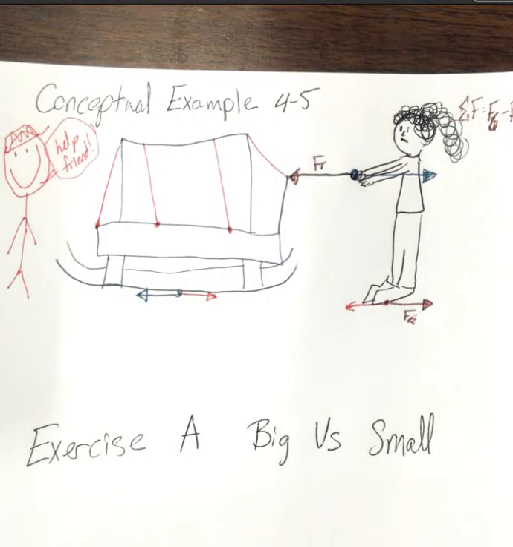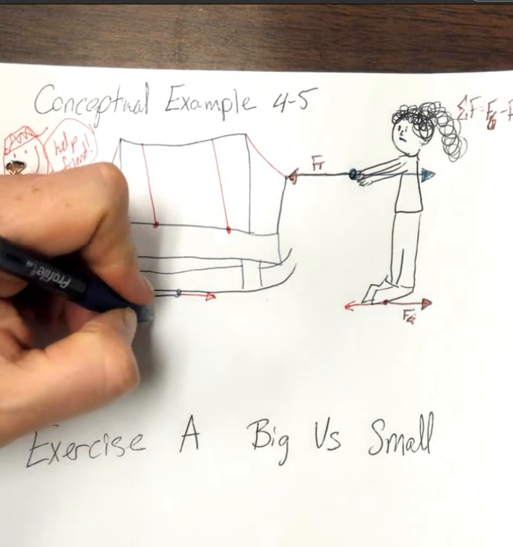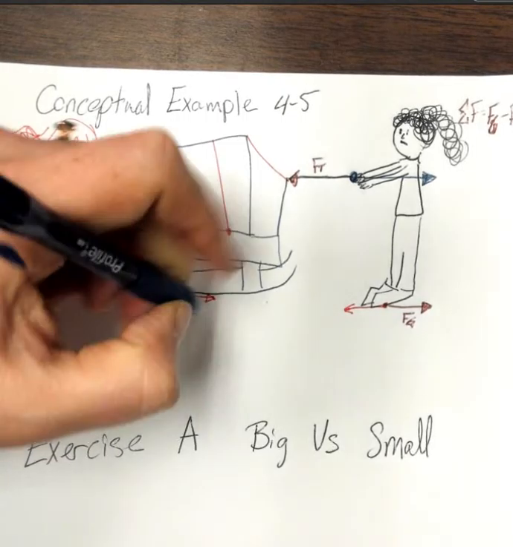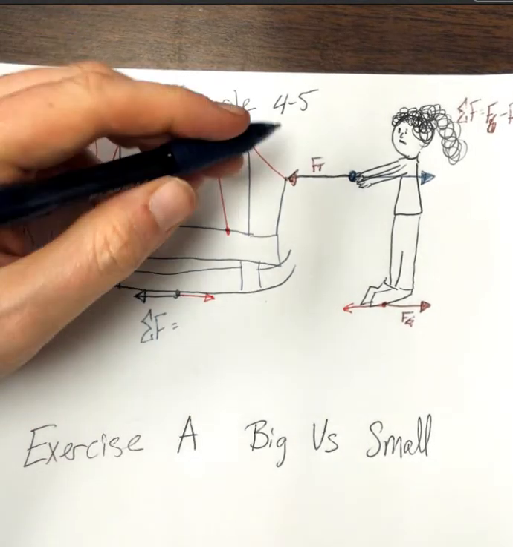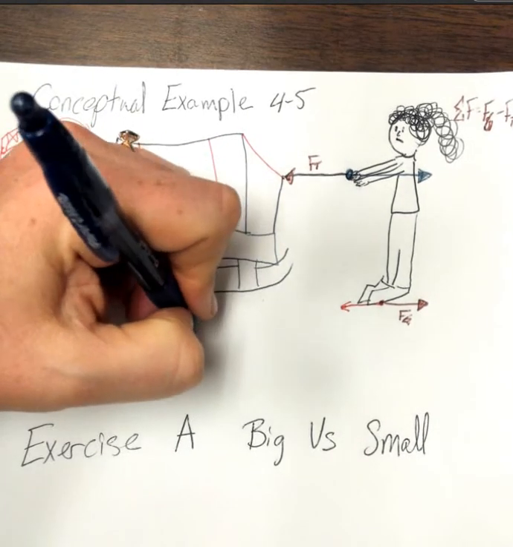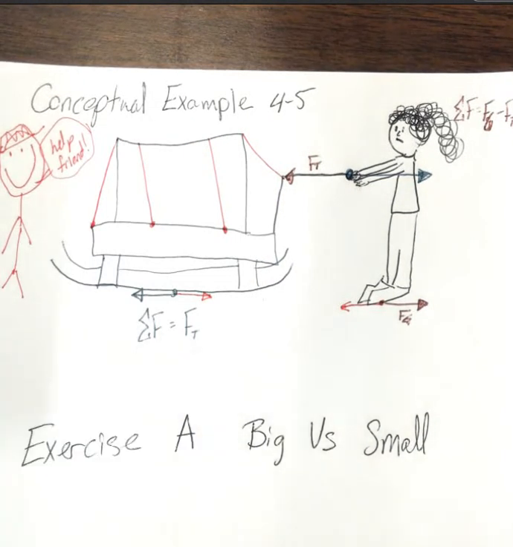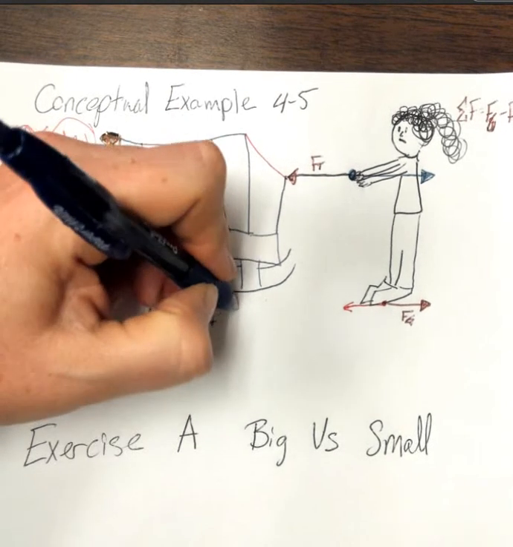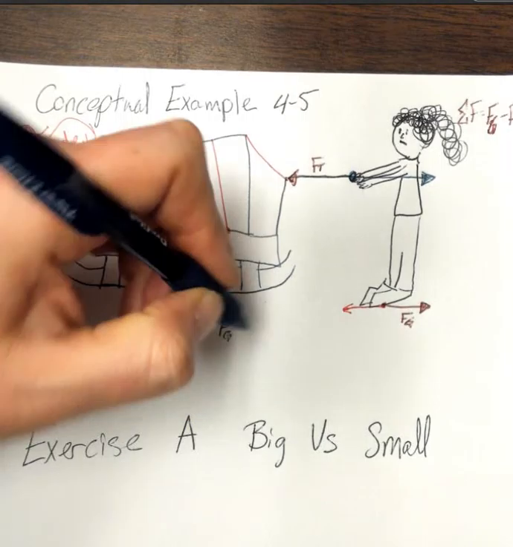So what that ends up meaning is that the net force of the sled is going to be a result of what the sled experiences, which is the force of tension from you, in this case positive, and the force from the ground.